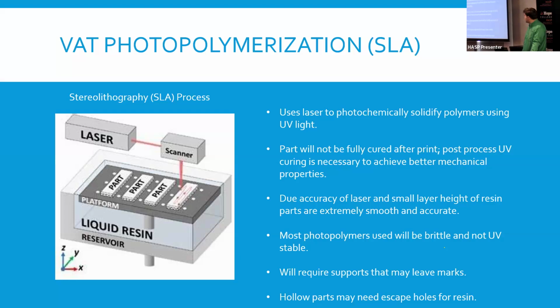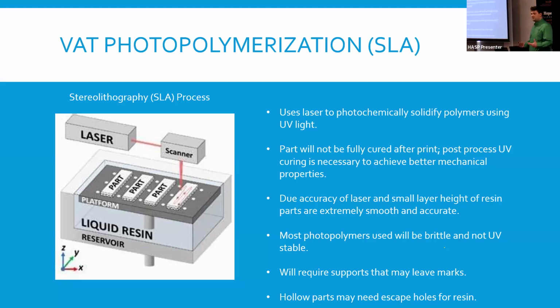So, moving on down the line, we have vat photopolymerization or vat polymerization, stereolithography, SLA. Now, this is one of the oldest processes out there to date. What it does is it uses a laser to photochemically solidify polymers using a UV light.